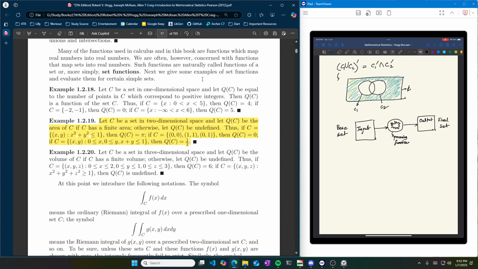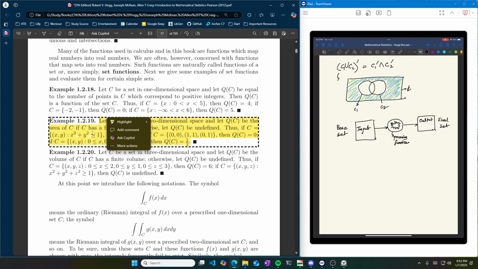So the Q(C) you see here is one such function. What it says is that Q(C) is the area of C if C is in two-dimensional space and it has a finite area. If it has a finite area, then it would be the area itself. Otherwise, Q(C) is undefined. That's all right. So let's understand the function first.